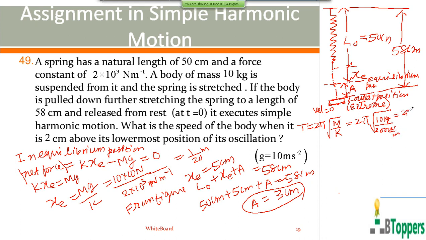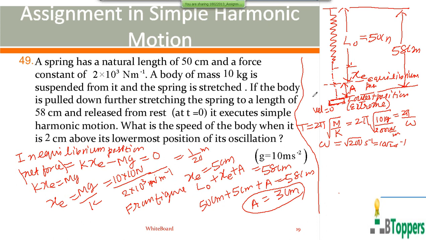This you can write as 2 pi by omega, because omega is required to find speed. So we get omega equal to root of 200 per second, or 10 root 2 per second.